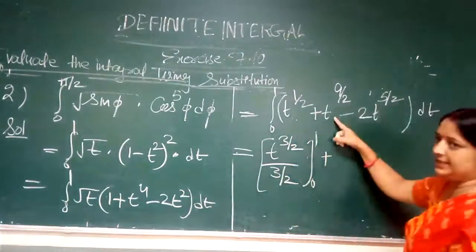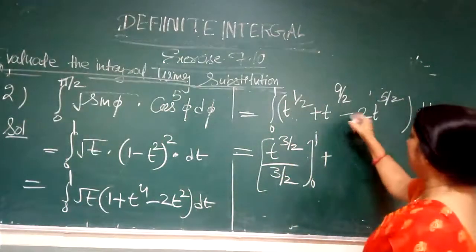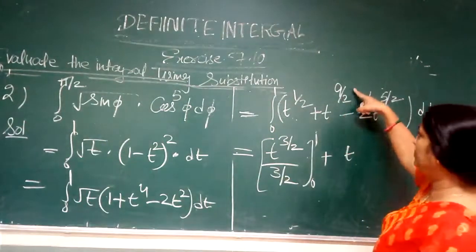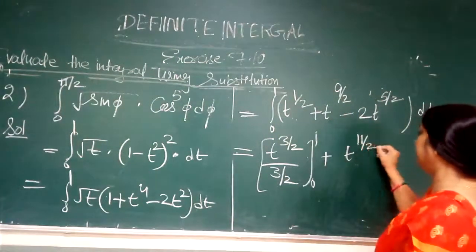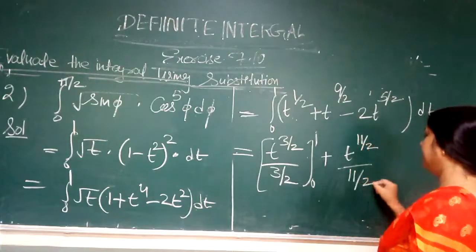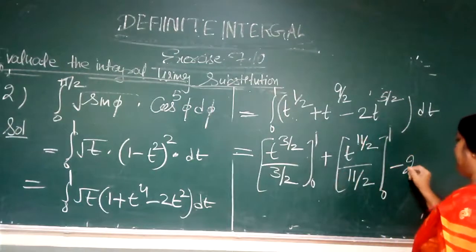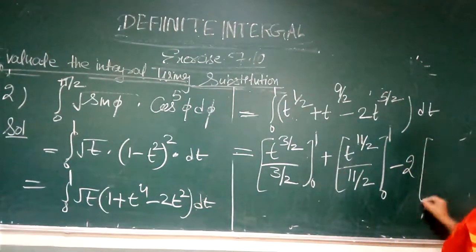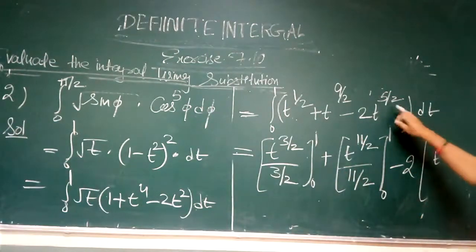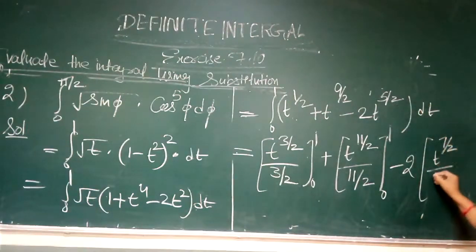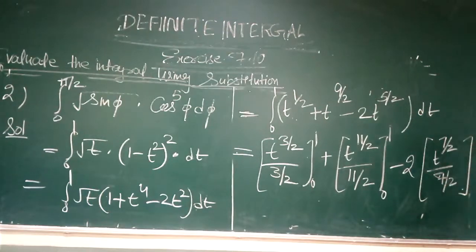Plus, separating the integration, the integration of t to the power 9 by 2 is t to the power 11 by 2 upon 11 by 2, with limit 0 to 1. Minus 2 into t to the power 5 by 2 plus 1, that is 7 by 2, upon 7 by 2. So this is the integration.